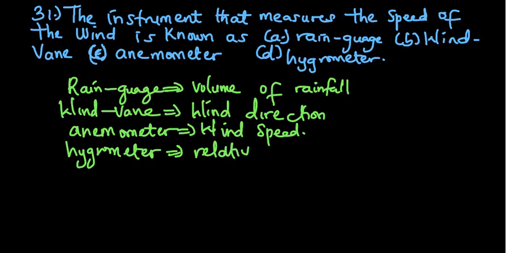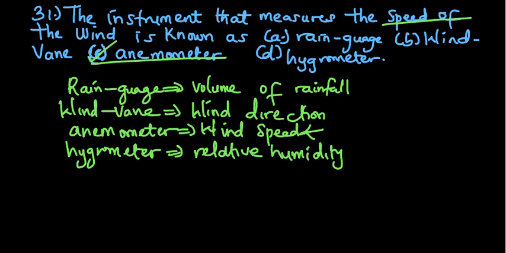So looking at what we wrote here, our answer is anemometer. Had they said the direction of the wind, we would have gone for the wind vane, but they said the speed of the wind, so we go for the anemometer. It can also be called a cup anemometer. So let's go to the next question.